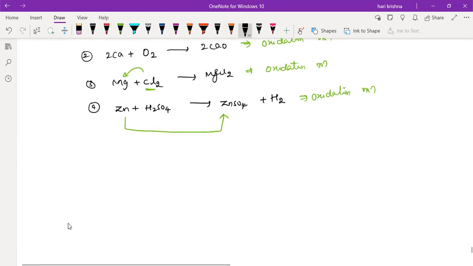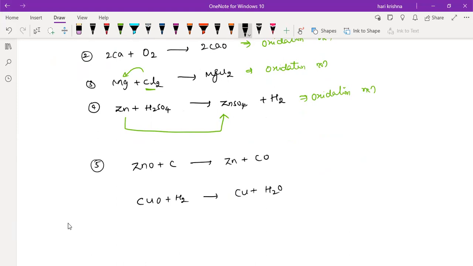Now, fifth example. What is happening here? Fifth and sixth. Reduction, sir. Removal of oxygen. So from the zinc compound we are removing the oxygen, so it is reduction.